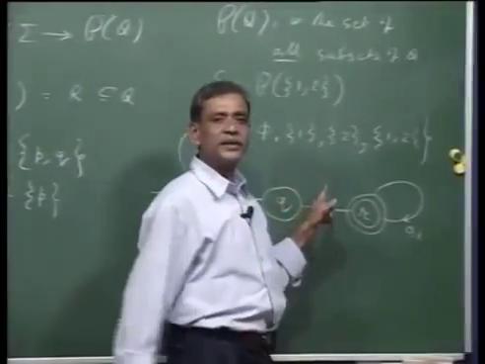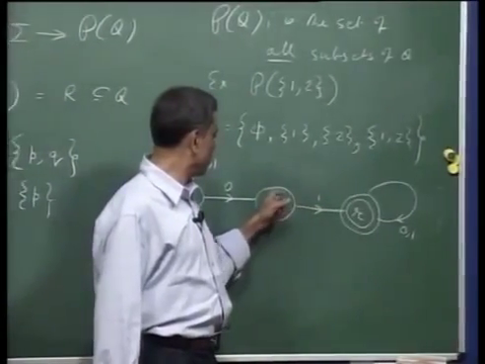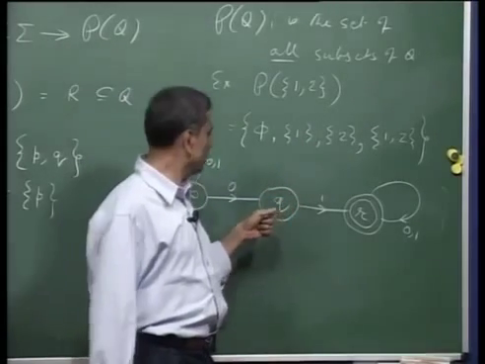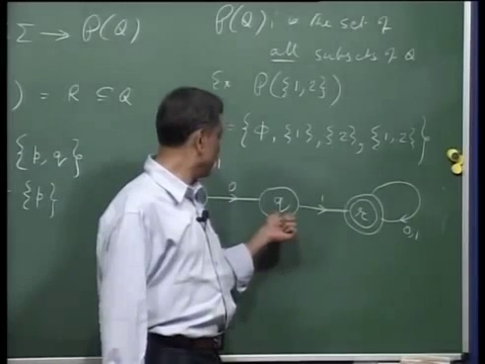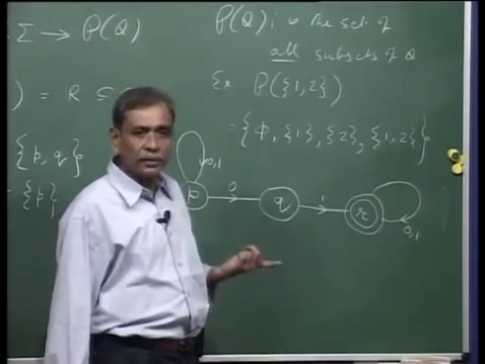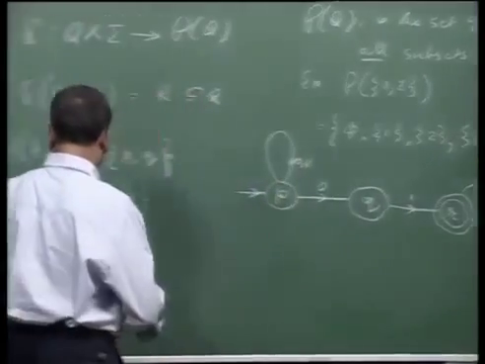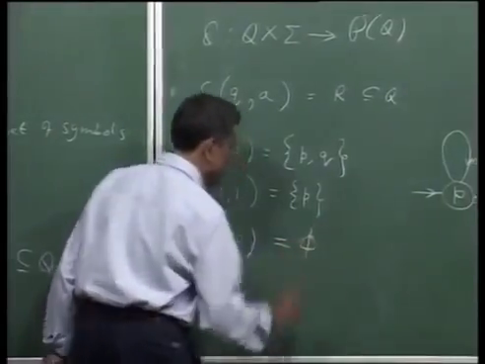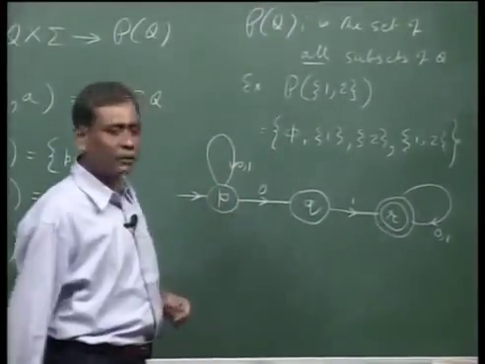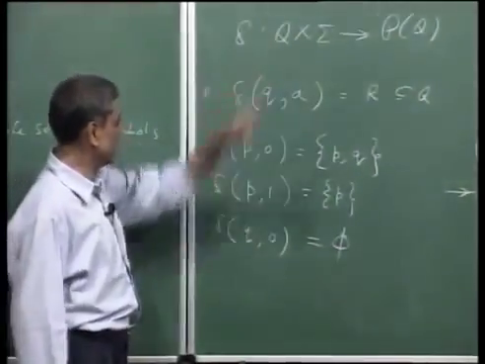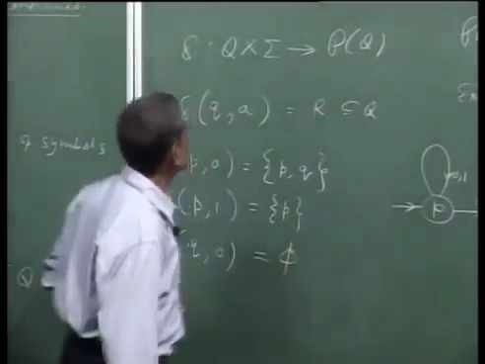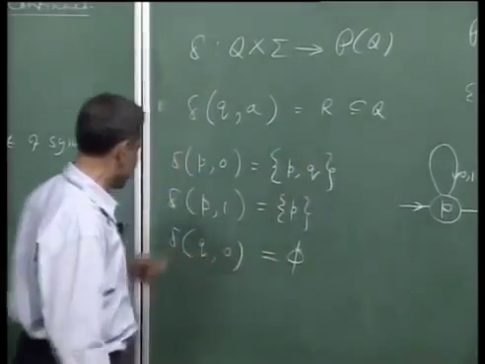There is no transition defined from Q on the symbol 0. So, which are the states the machine can go to from Q on 0? None of the states. Therefore, it is the empty set. But the empty set, remember, is always a member of the power set. So, that is all right. Our definition of delta allows an empty set here. R can be empty, as in this case.